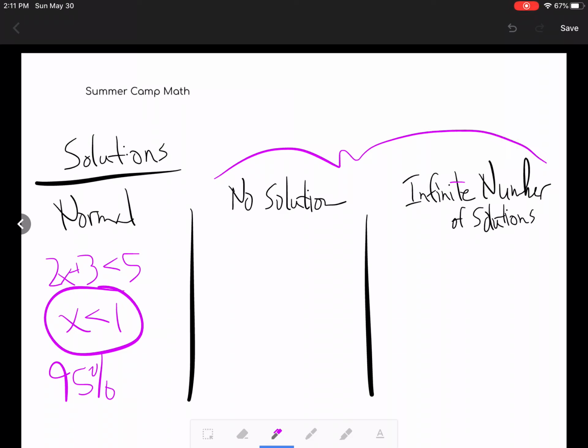Now when it came to equations, and this still holds true, the variables have to cancel out. This only will matter if the variables are gone. And the big thing we're looking for is a question: true or false?